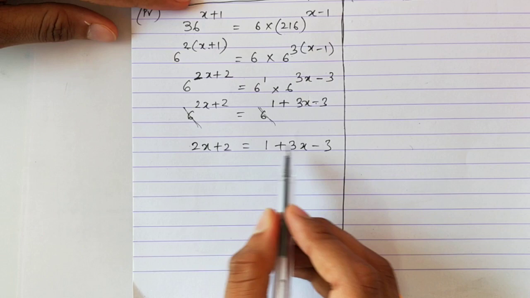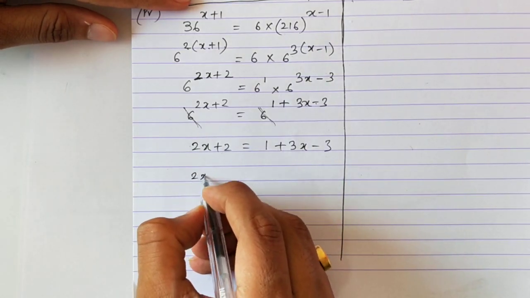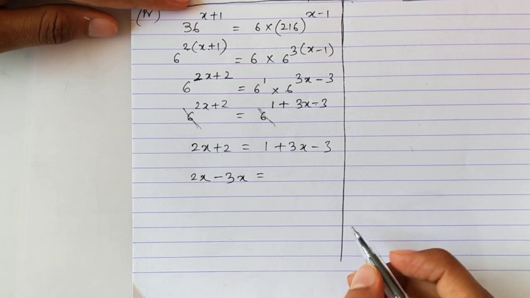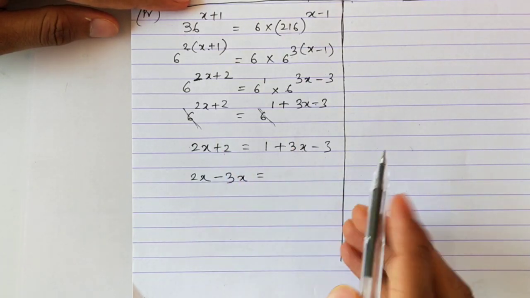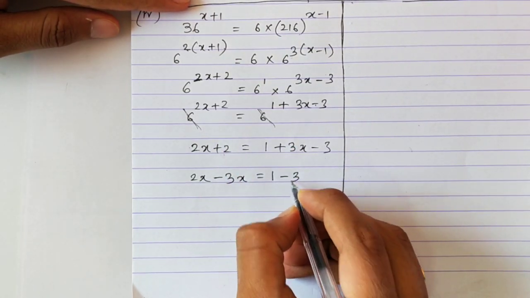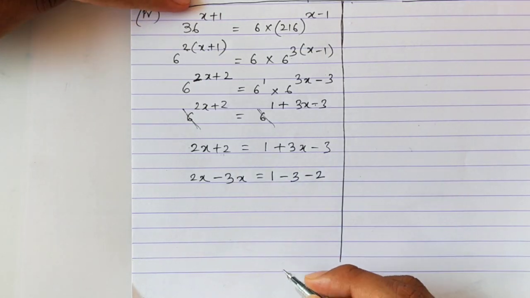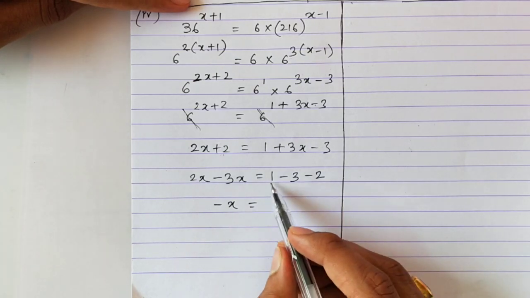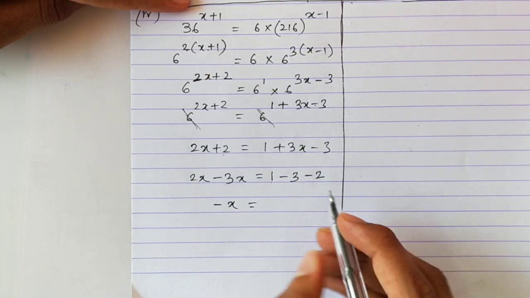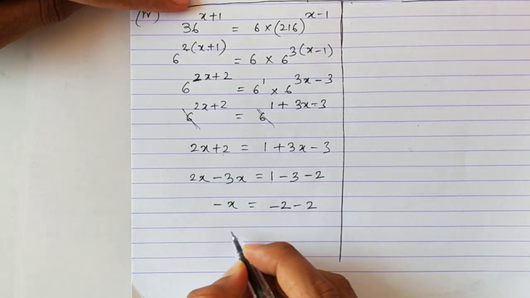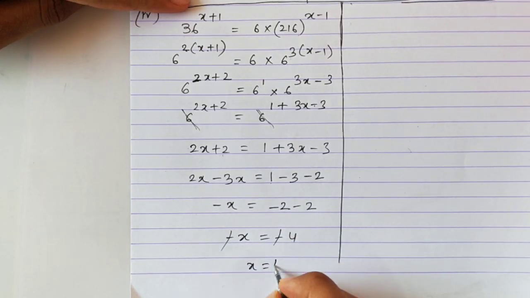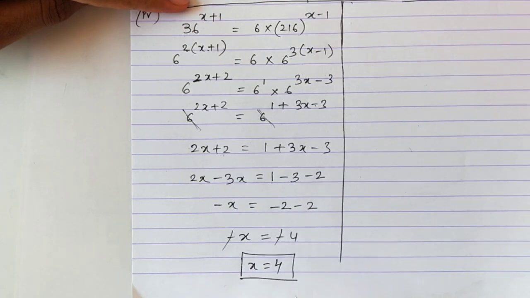So we'll bring this 3x here: 2x minus 3x is equal to, 3x came here and this plus 2 will come here, so 1 minus 3 minus 2. So 2x minus 3x is minus x. 1 minus 3 is minus 2, minus 2. So minus x is equal to minus 4. The minus signs cancel. x is equal to 4.